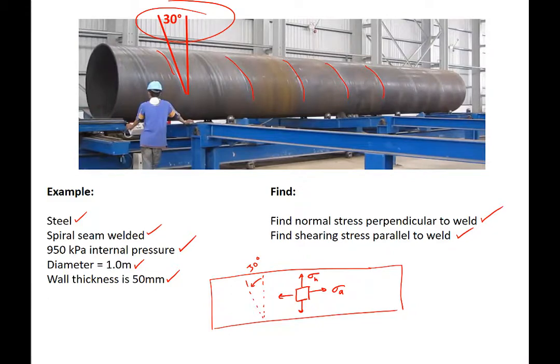Okay, so let's figure out what that axial stress and hoop stress is, and in order to do that, we're going to have to figure out what our internal radius is. To get sigma h and sigma a, we need little r, the internal radius.